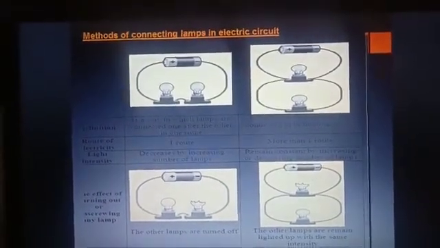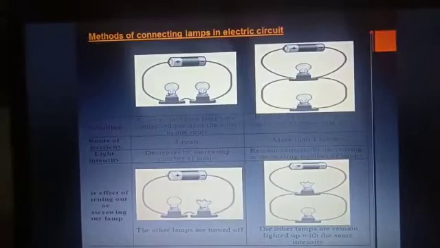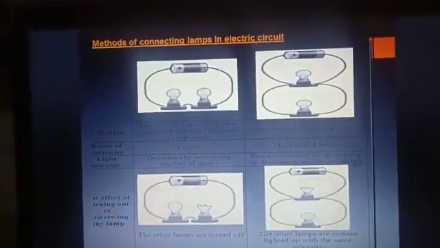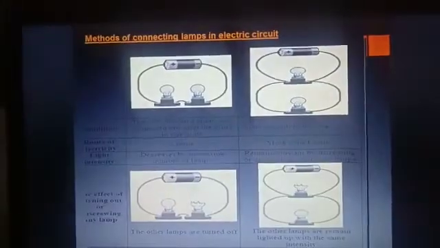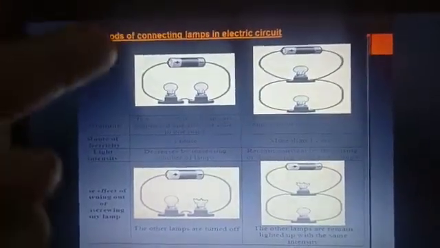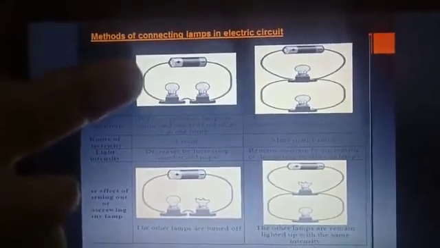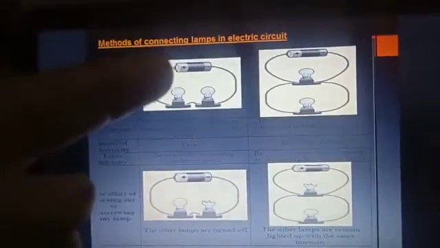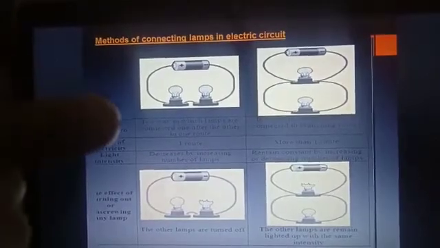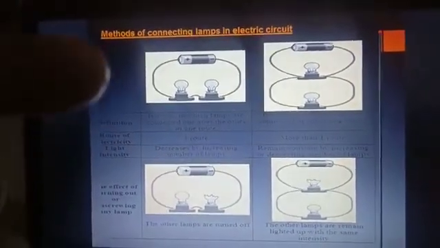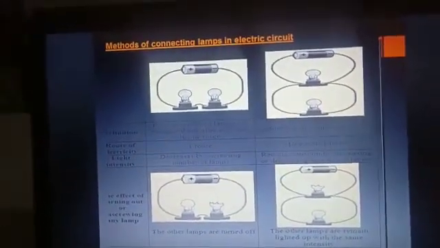What is the second difference? Here one route, here many routes. In series connection, by increasing the number of lamps, what happens to the light intensity? The light intensity will decrease. How?